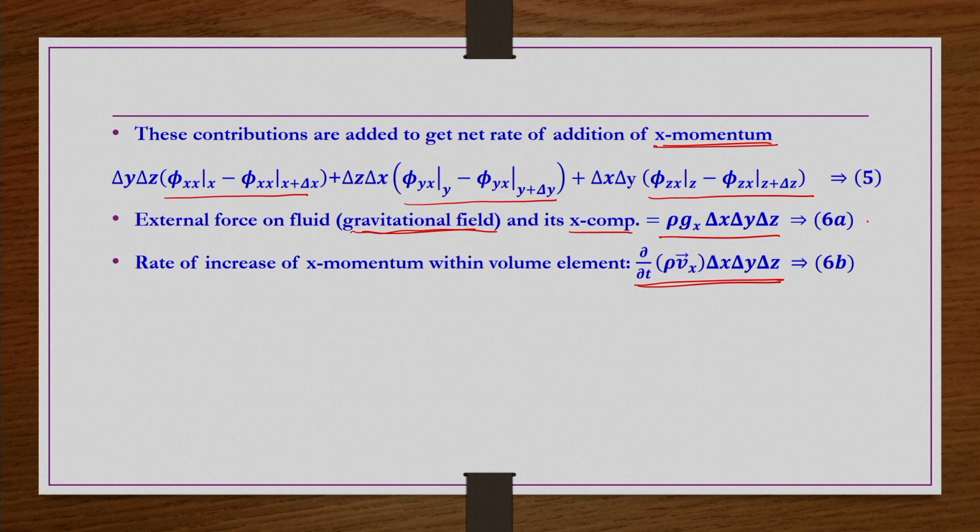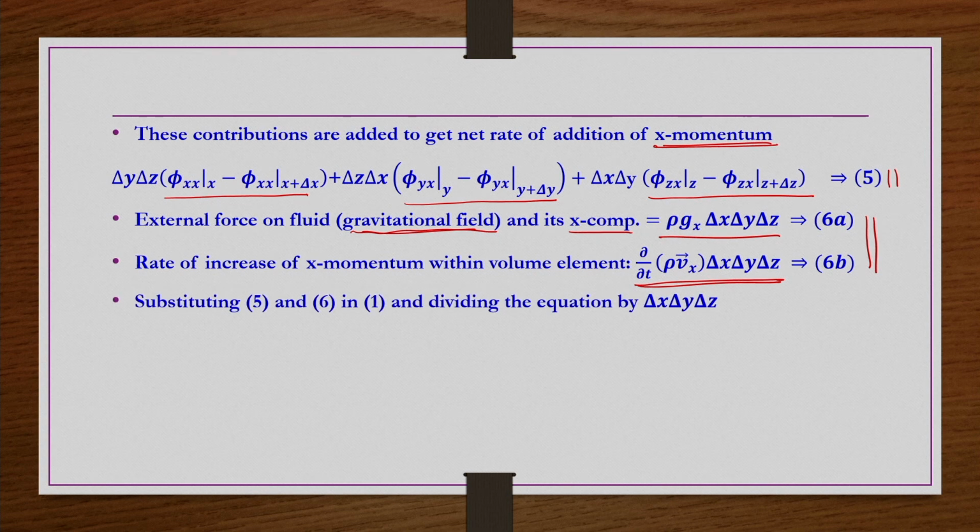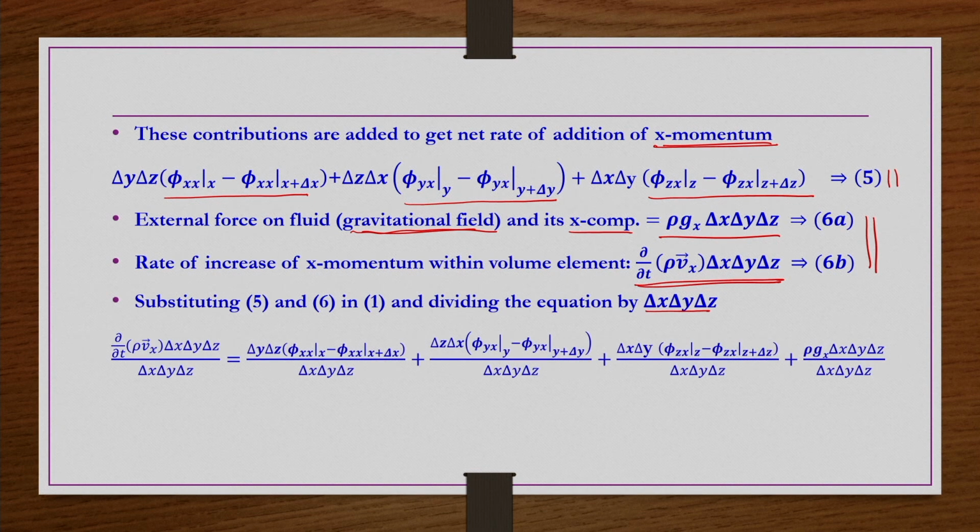Now, these two equations, equation 5 and 6, will be substituted in equation number 1, which is the overall balance equation, and then we divide both sides by delta x delta y delta z. Then we get this equation. The accumulation term is dou by dou t of rho Vx delta x delta y delta z, divided by delta x delta y delta z.